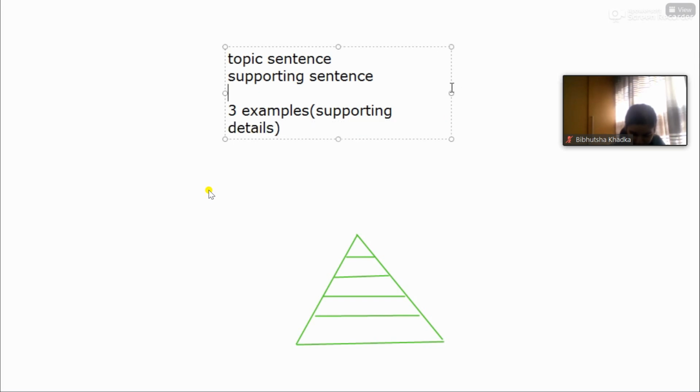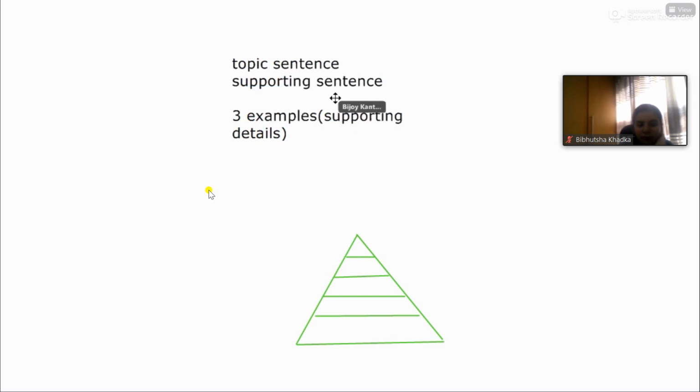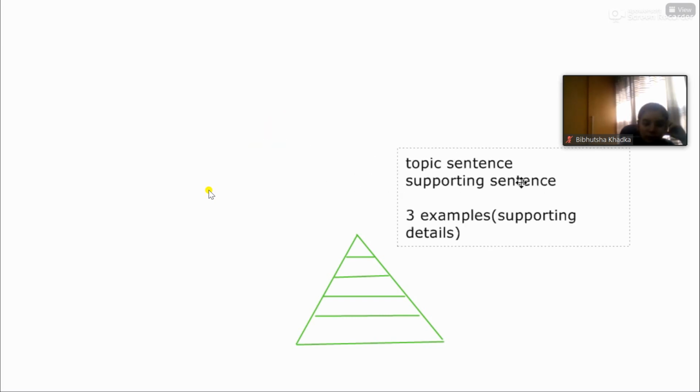Shorten this a little, and then I'll try moving this thing. How did I move that? I don't know how I'm. Oh, there you go.